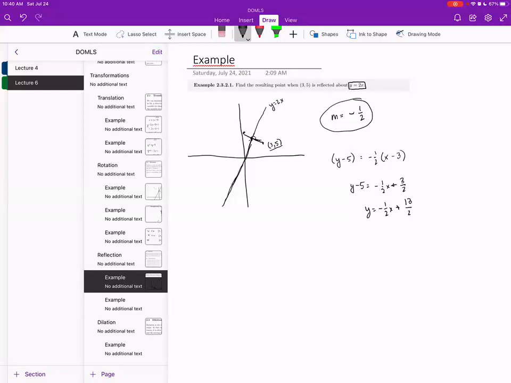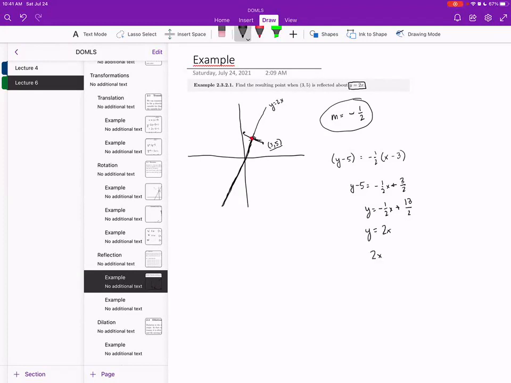You might notice that this is already really messy, and that tends to happen in coordinate geometry. Everything kind of ends up being weird fractions. These aren't too bad, but yeah. So we have this line y equals negative half x plus 13 over 2, and we have this other line y equals 2x. The point that we want is the intersection between these two lines, which we can find just by solving the system of equations.